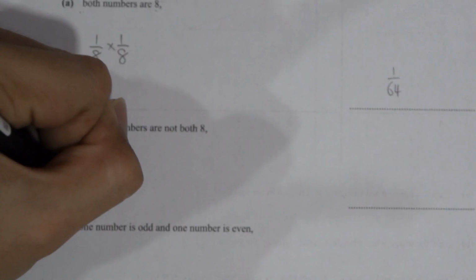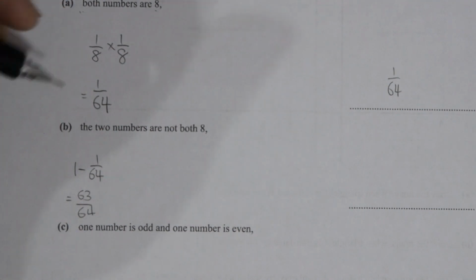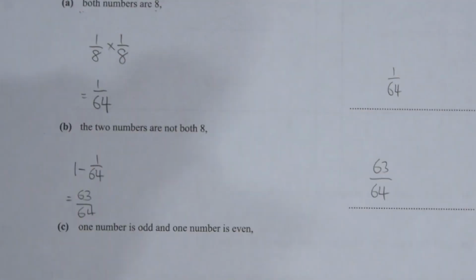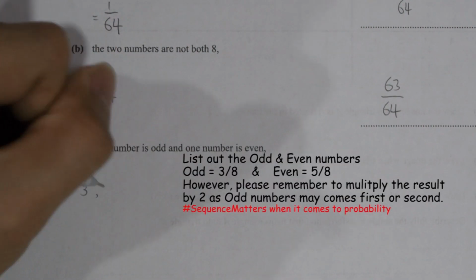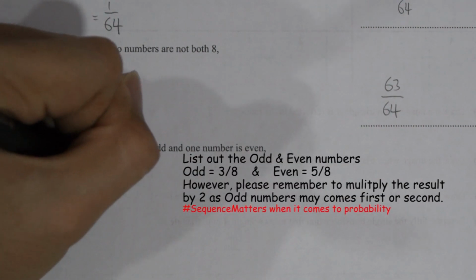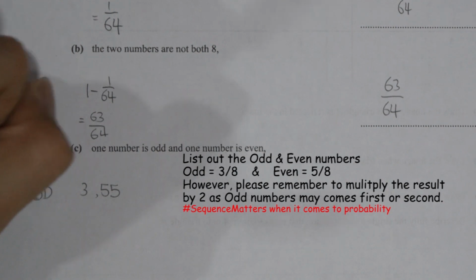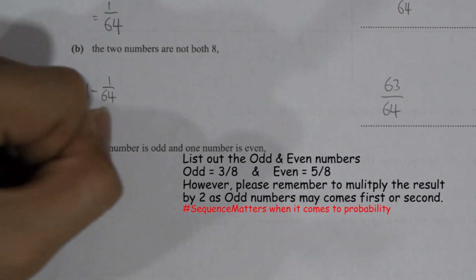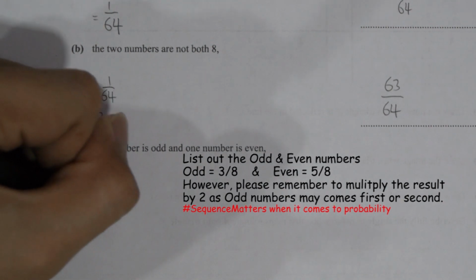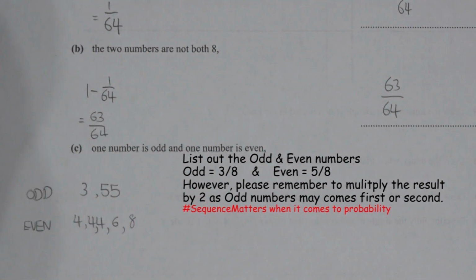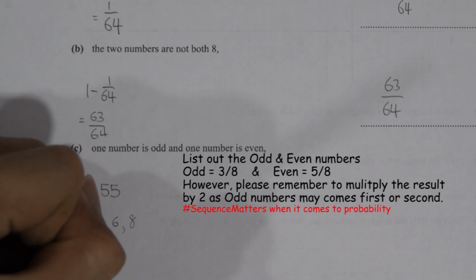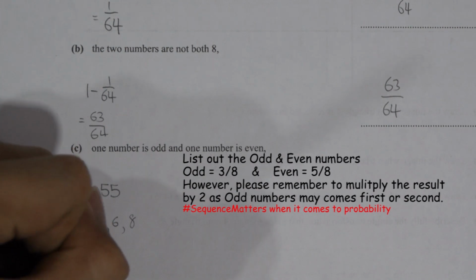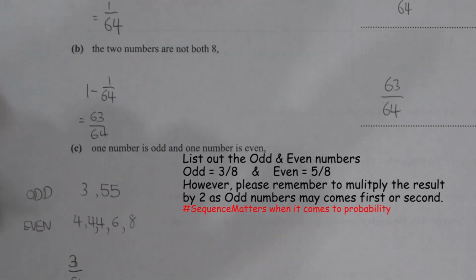For part B, all you need to do to find the answer is take 1 minus 1 over 64, because they say the 2 numbers are not both 8. So for part C, one number is an odd number and one number is an even number. For odd numbers we have 3 out of 8, and for even numbers we have 5 out of 8.